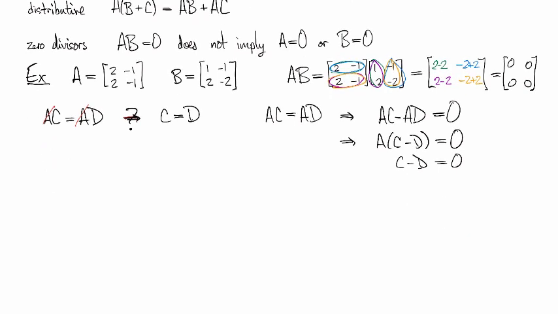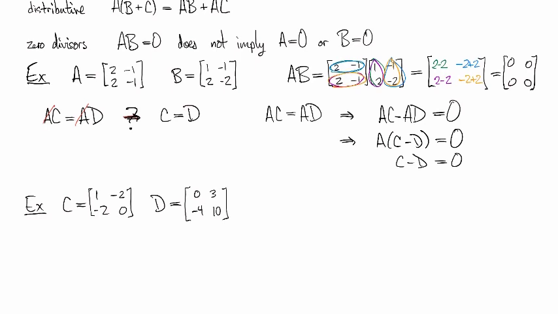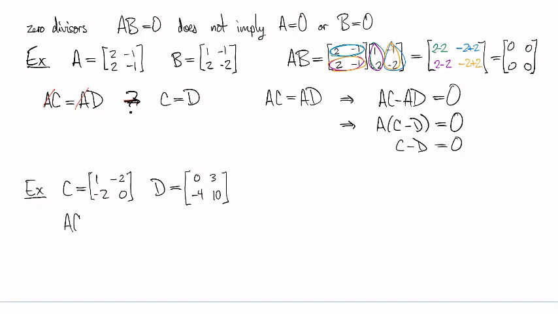But that falls down. Let's keep the same A that we had above, and let's take C to be 1, minus 2, minus 2, 0, and D to be 0, 3, minus 4, 10. Then if we work out AC, we've got 2, 2, minus 1, minus 1, which is the A from the previous example. And what do I get here?